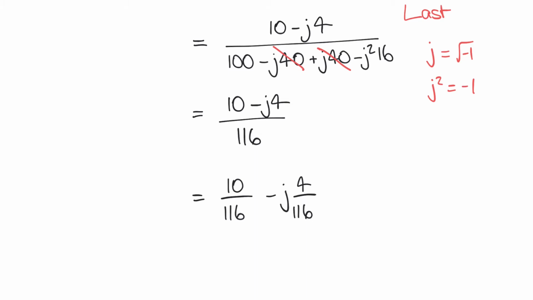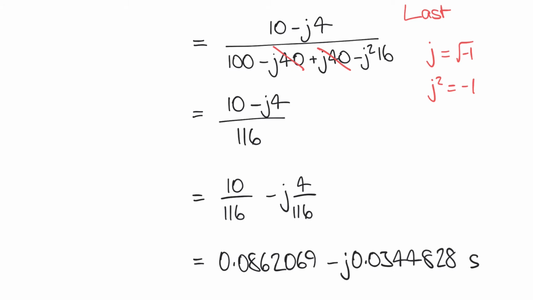That's the same thing, and we could express that as a decimal as well. We end up with 0.0862069 minus j0.0344828. And remember, we've worked out an admittance here, Y, and it's measured in Siemens, S.